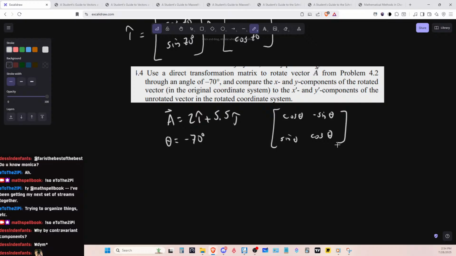Compare the x and y components of the rotated vector in the original coordinate system to the x prime and y prime components of the unrotated vector in the rotated coordinate system.